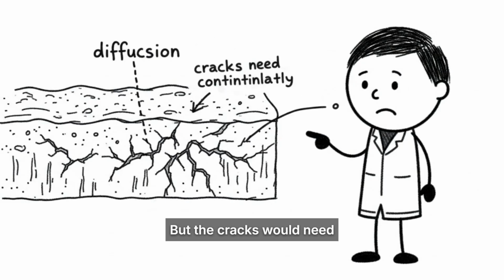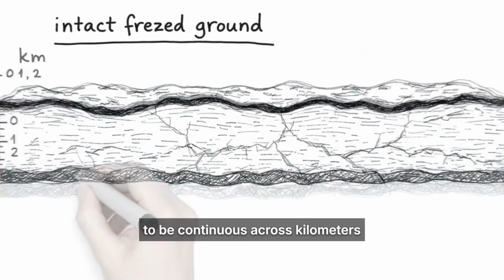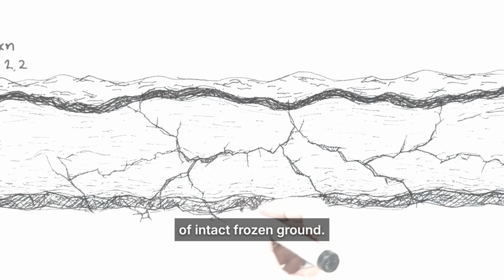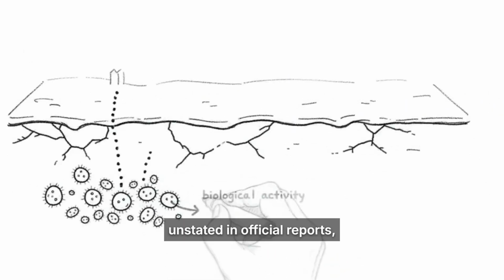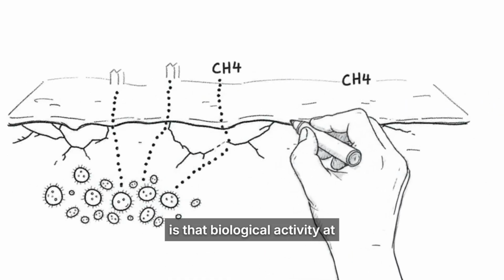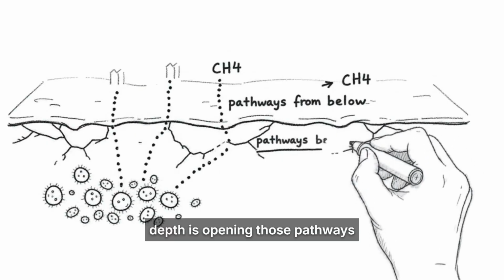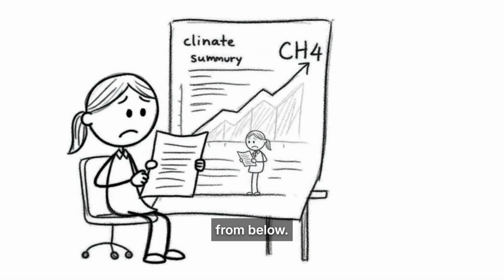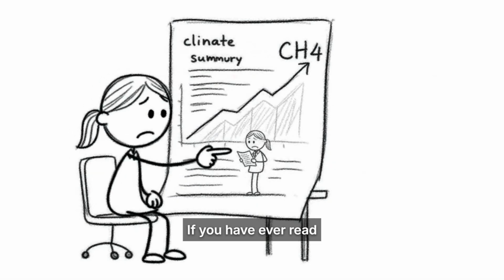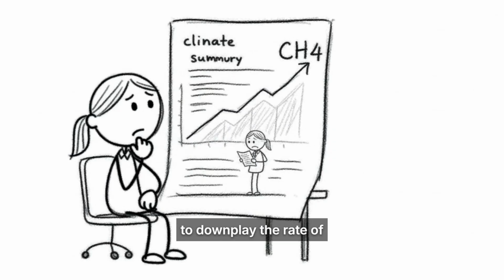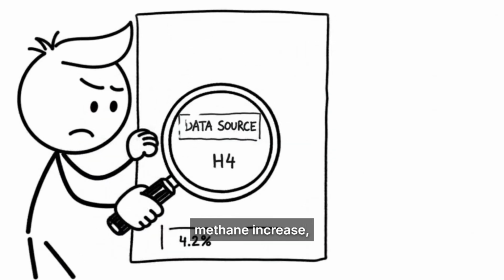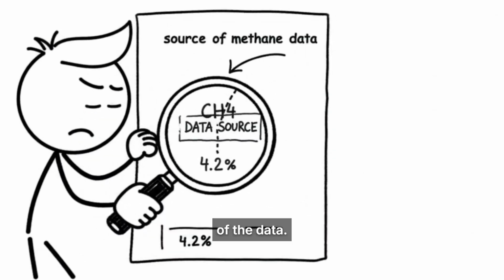But the cracks would need to be continuous across kilometers of intact frozen ground. The alternative explanation, unstated in official reports, is that biological activity at depth is opening those pathways from below. If you have ever read a climate summary that seemed to downplay the rate of methane increase, pay attention to the source of the data.